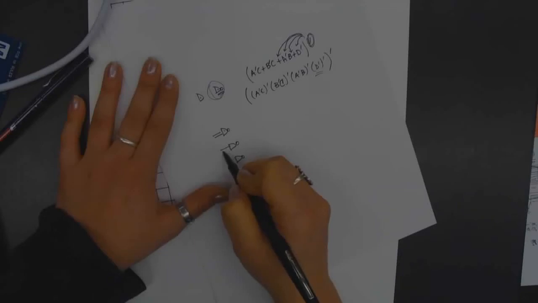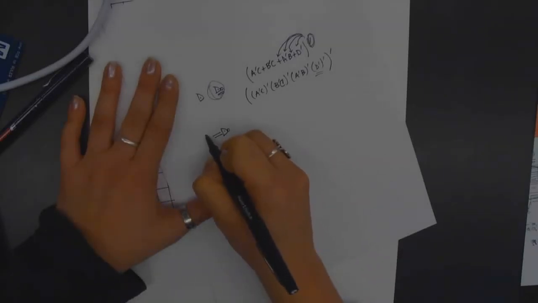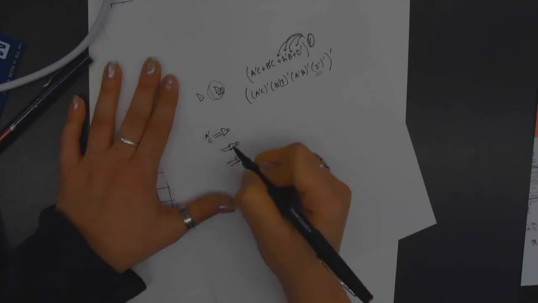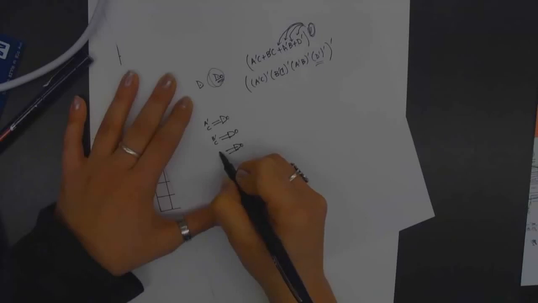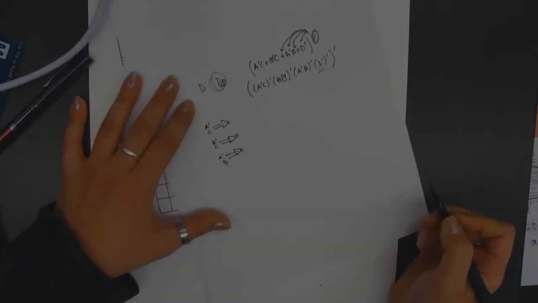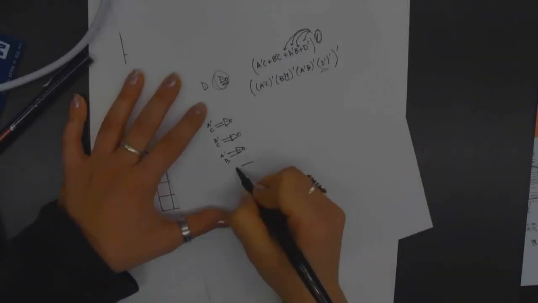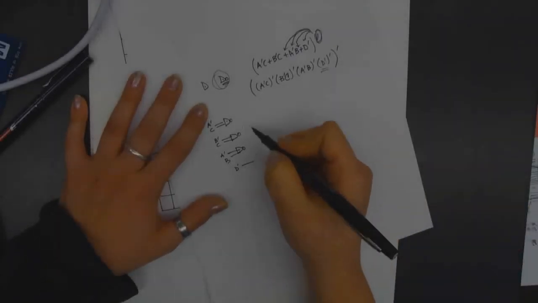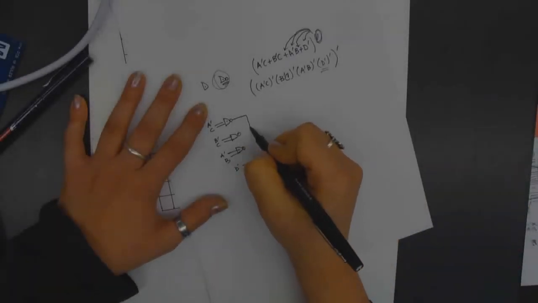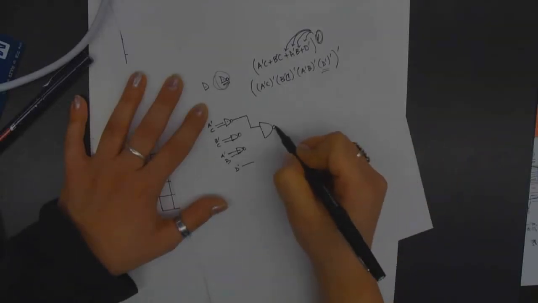So here you're looking at A prime C, B prime C, A prime B. And then you could take all of that plus this guy, which doesn't need to be anything but D prime, just a wire, right? And put it into another NAND gate to get your function.